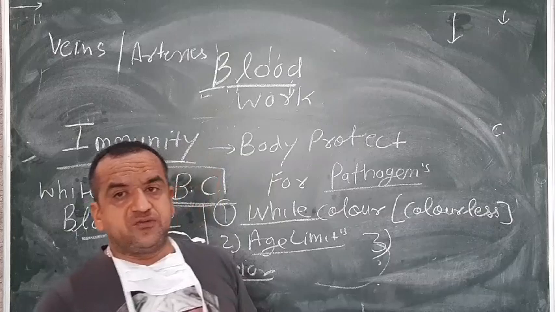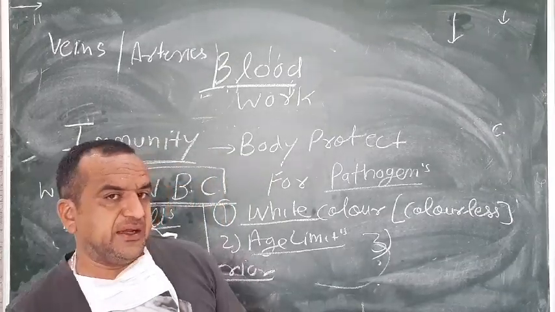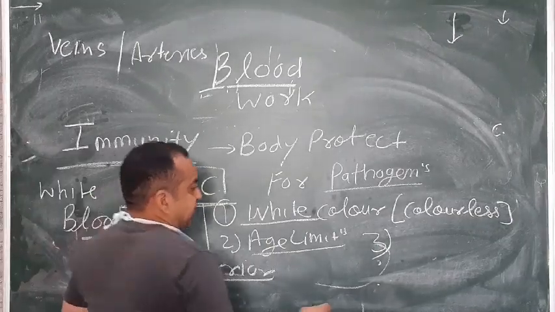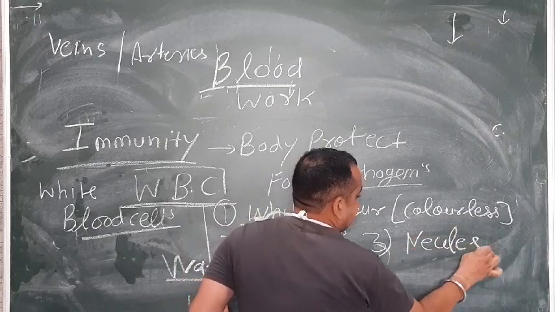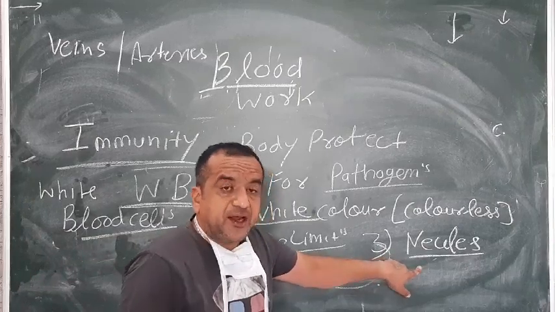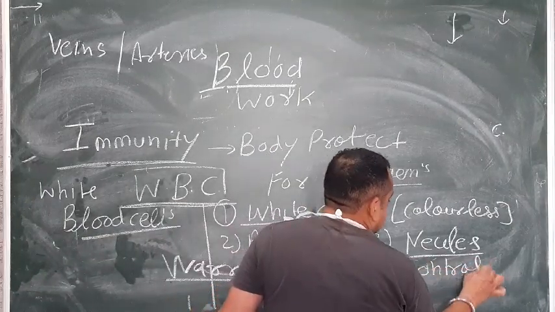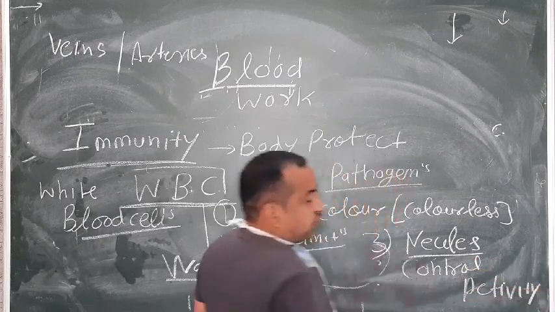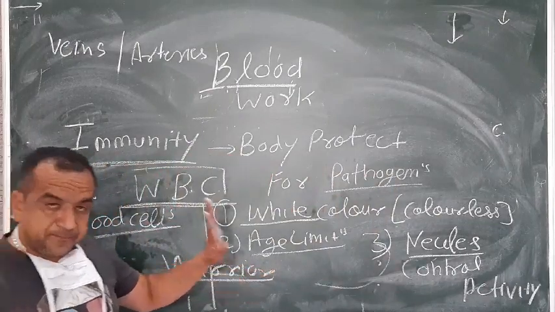But here is a question you can learn from: how can WBC know whether a bacteria is good or bad? That is because WBC has a nucleus, which controls the activity of WBC.